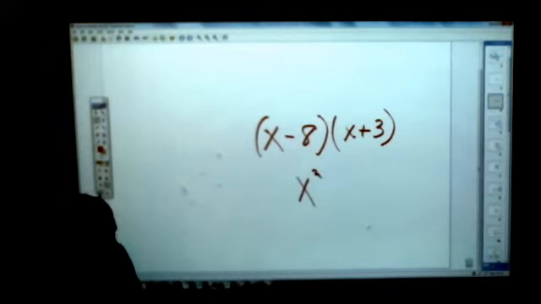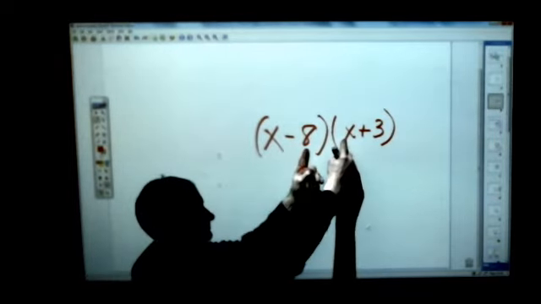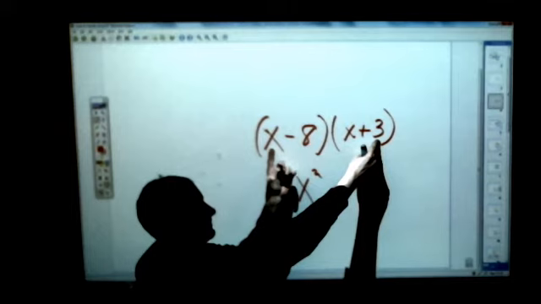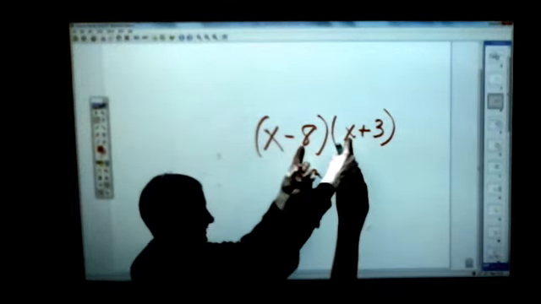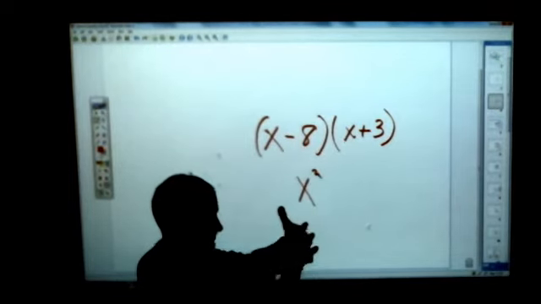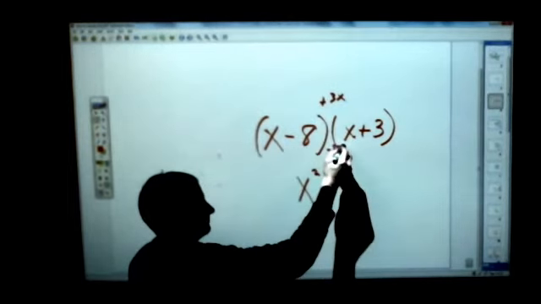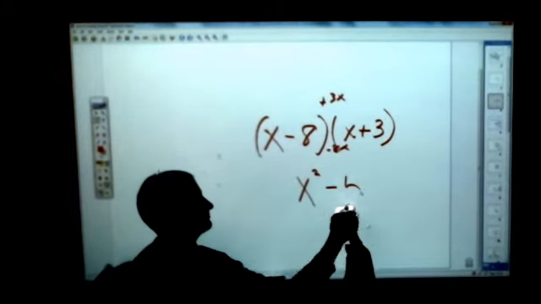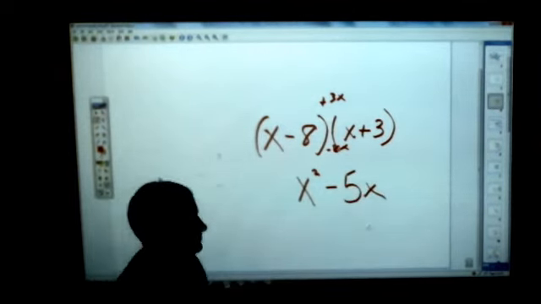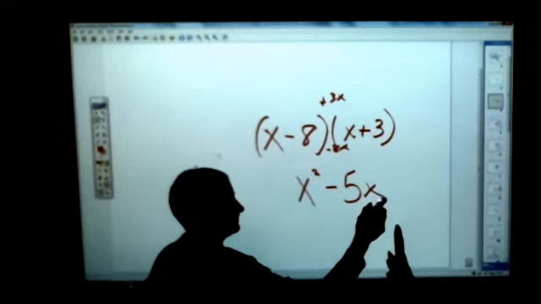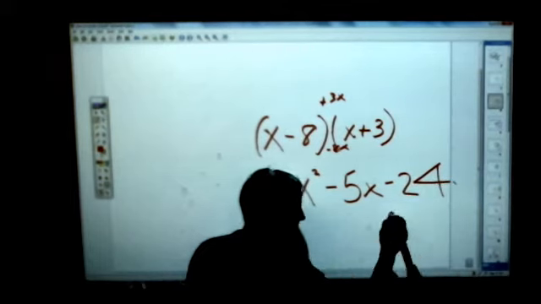The middle term you're going to get next is a combination of the outside and the inside terms. Outside is positive 3x and inside is minus 8x. Putting them together, positive 3 minus 8 gives you a minus 5x. And then your last term is negative 8 times 3, minus 24.